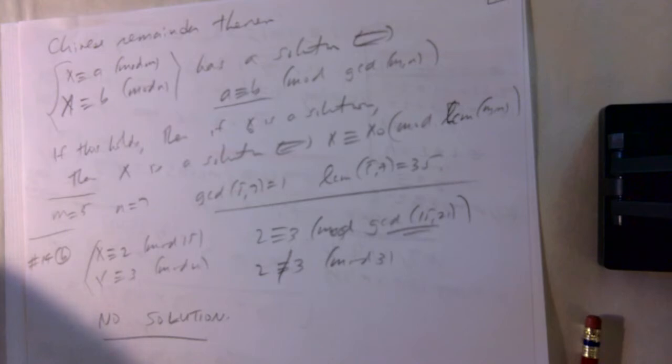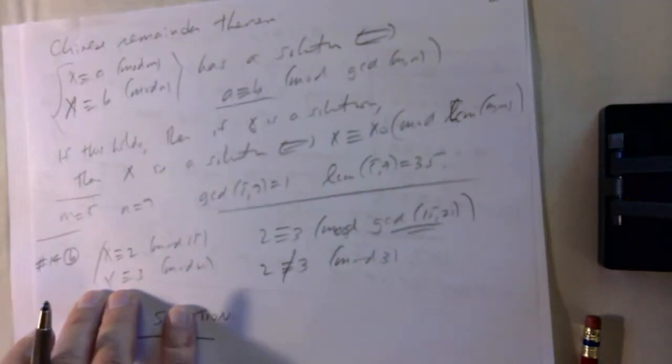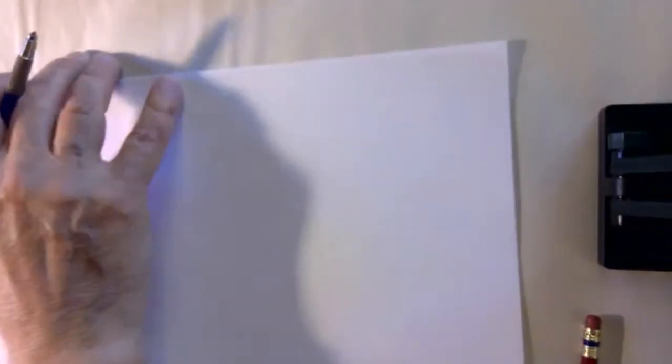Let's see, someone's asking question 12 from part 1. So part 1, number 12, we have the Euler phi function.